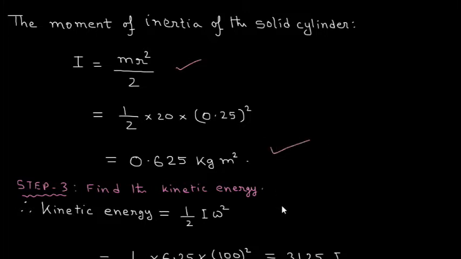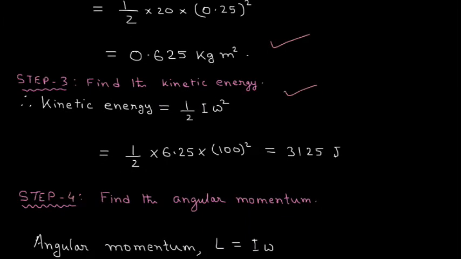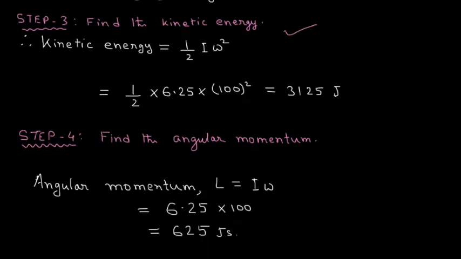Third step is to find the kinetic energy. The formula for kinetic energy, where moment of inertia and angular velocity are known, is half I omega square. Putting the values of I and omega, we get 3125 joule.